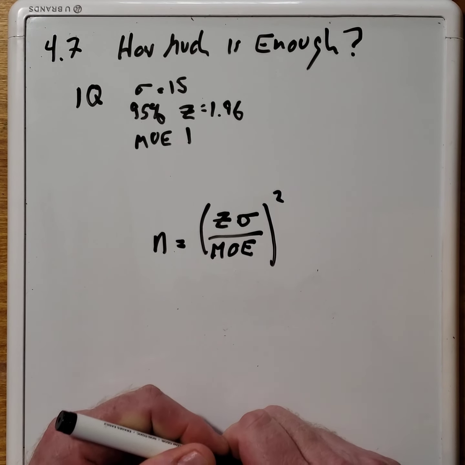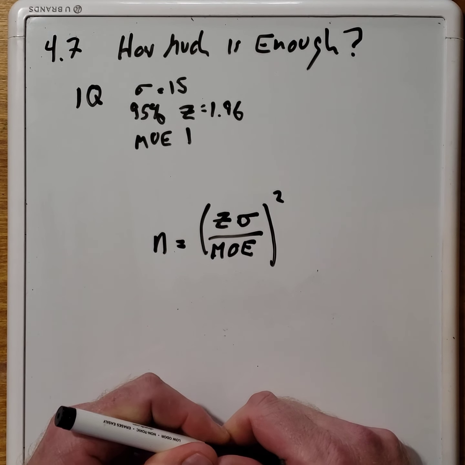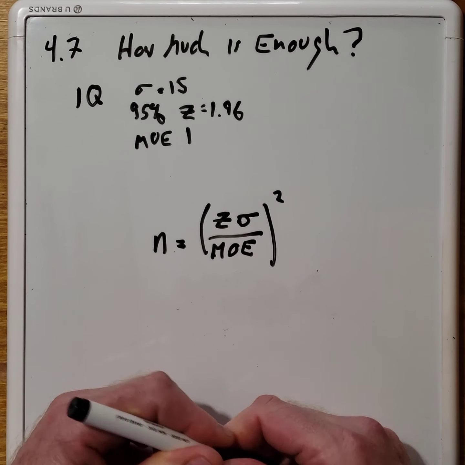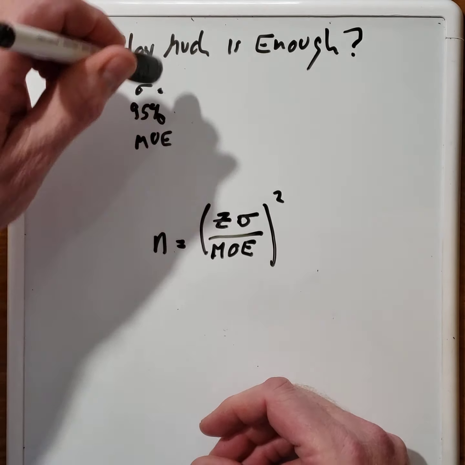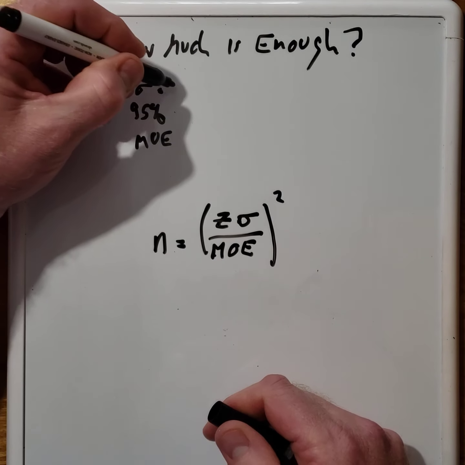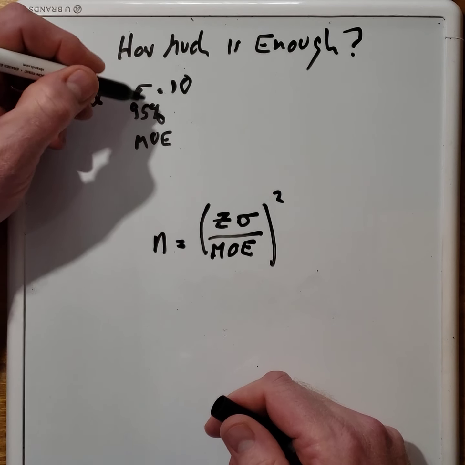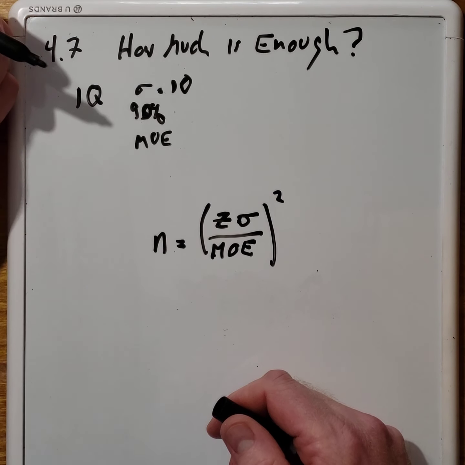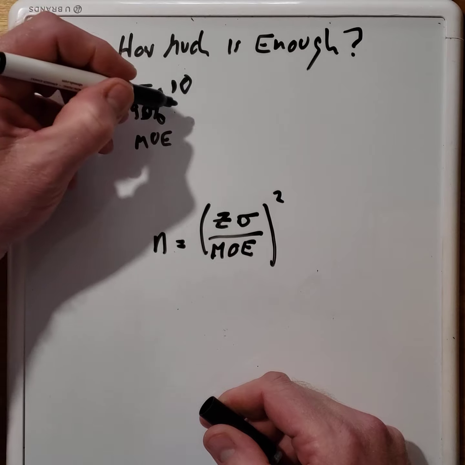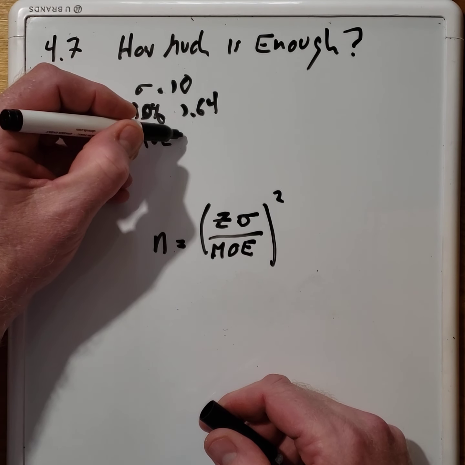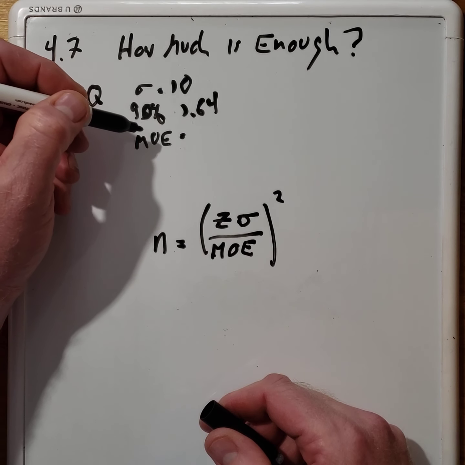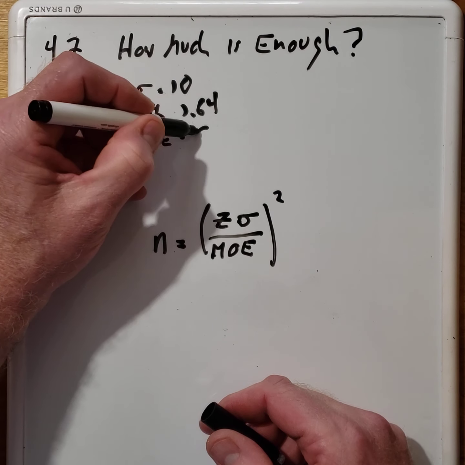Let's look at our other situation. We had the commute times, and we had an average, which didn't matter, of 25. We had a standard deviation of 10. We don't really care that much about it, so 90%, which gives us 1.64 for Z. And let's say we want our margin of error to be, let's go for 5 minutes.